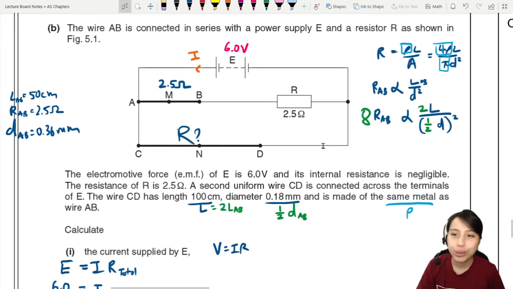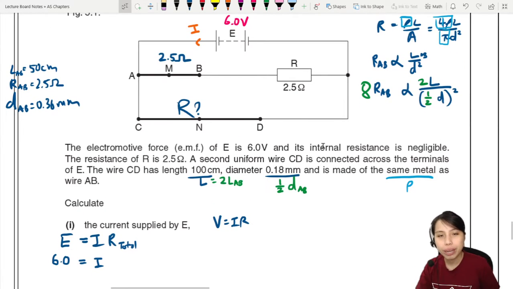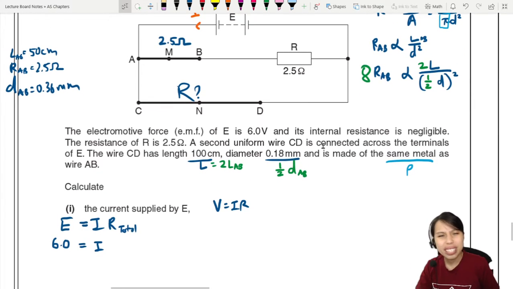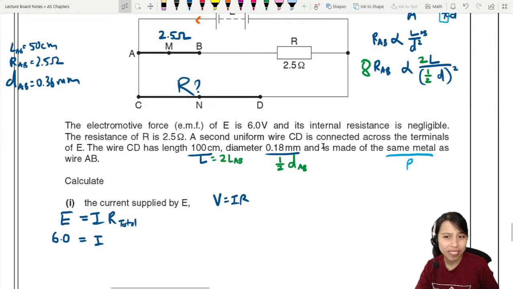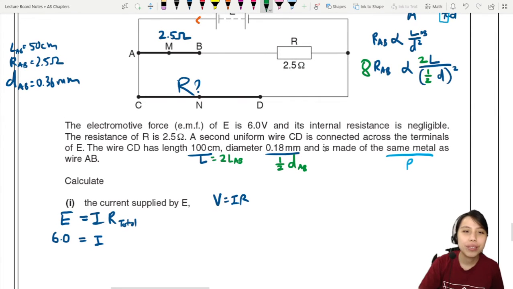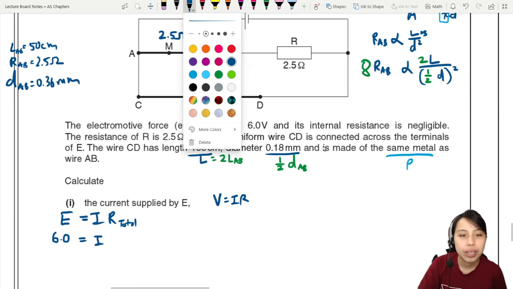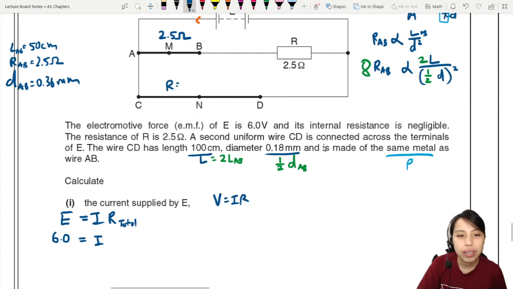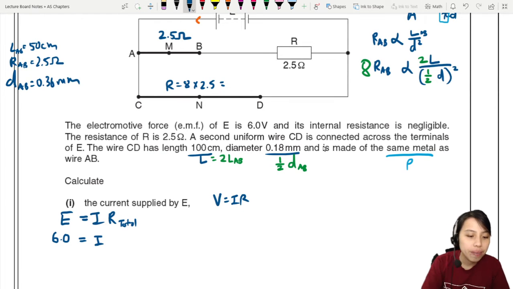This is one method that I like to use. You can definitely use other ratio methods, other calculation methods, but this is one of the faster ones. So it's 8 times of this old wire. This resistance is 8 times of 2.5, which will be 20 ohms.